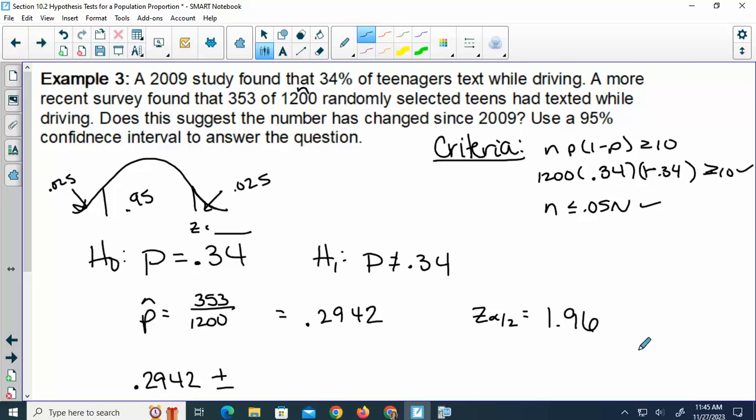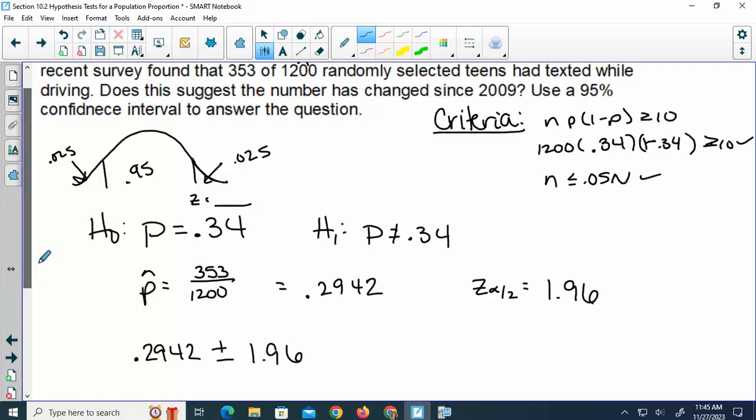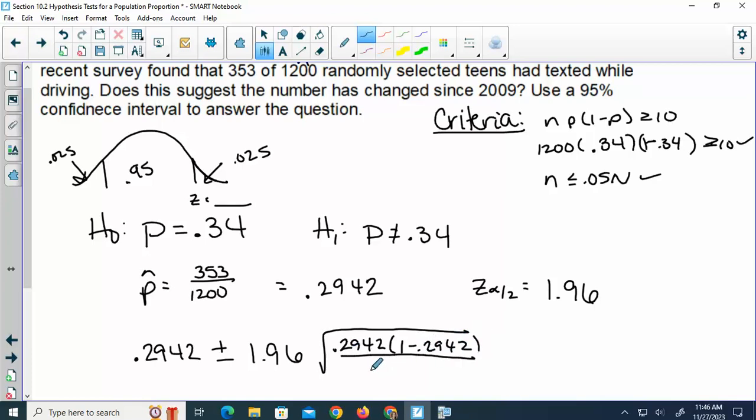Does everybody see where I got that? It's been a little bit since we used those. Okay. So it's P hat plus or minus Z alpha over 2 times, using our formula sheet and just filling in, P hat times 1 minus P hat over N, and what was our N value?